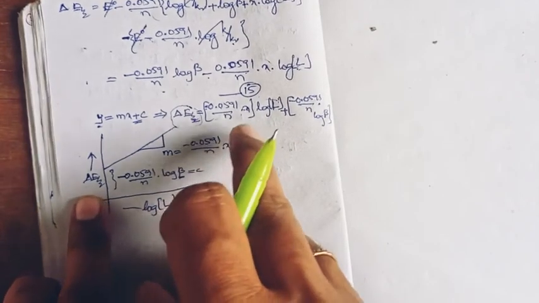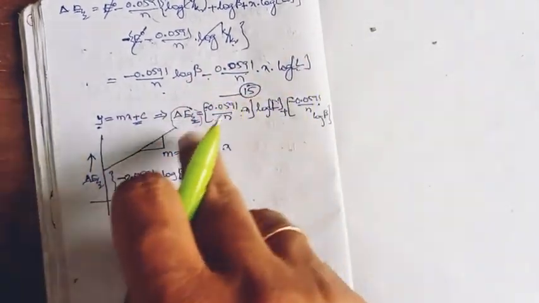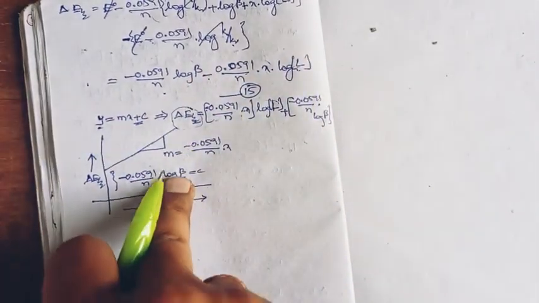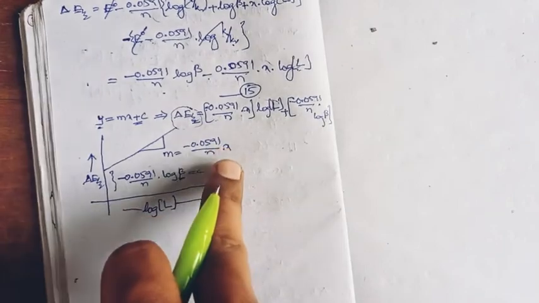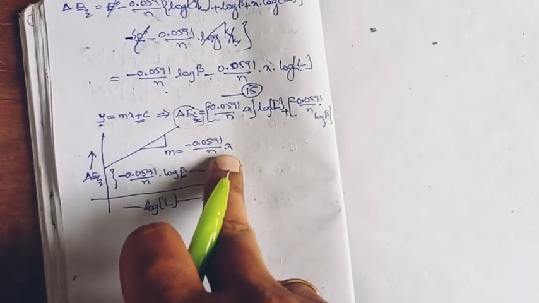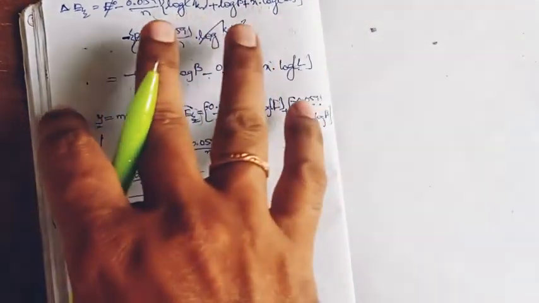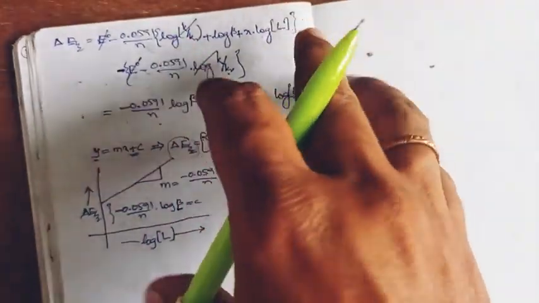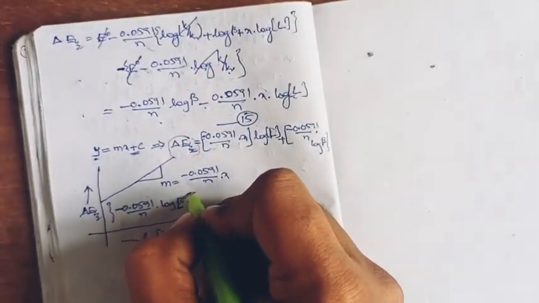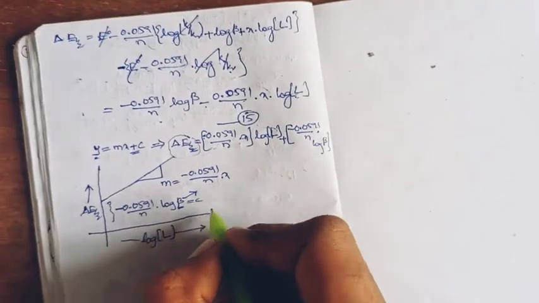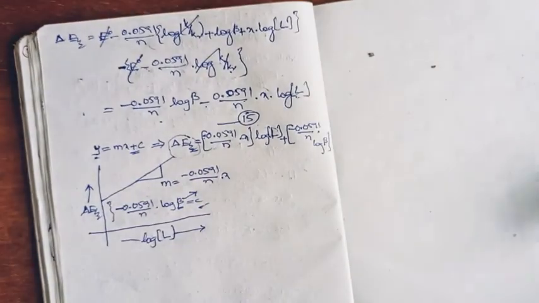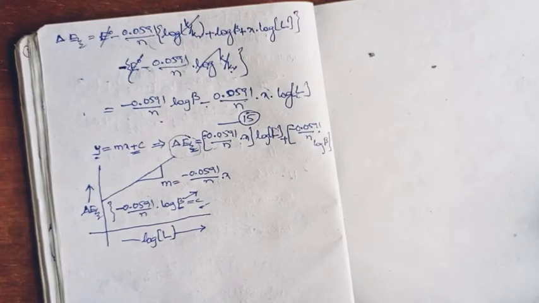So in this polarographic method, not only can we calculate the stability constant, we can also determine the coordination number of the complex. So altogether, the polarographic method gives you the stability constant. Have you understood? It is very very simple.